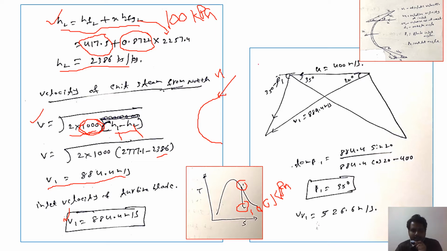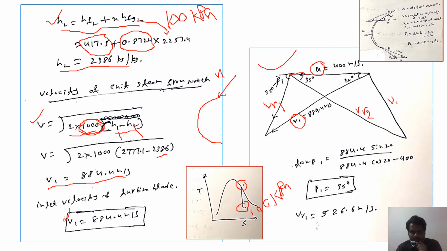Now let us draw a velocity diagram. How to draw a velocity diagram, we already discussed in the previous class. Here U is the blade velocity or peripheral velocity. V1 is the absolute velocity at the inlet of the blade. VR1 is the relative velocity at the inlet of the blade. VR2 is the relative velocity at the outlet of the blade.